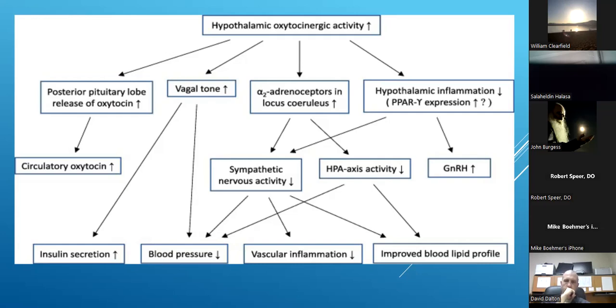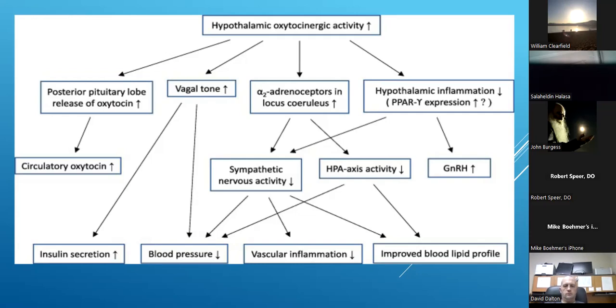And oxytocin has positive feedback. Before, in a lecture that they heard about oxytocin, they had some concern that oxytocin had a negative feedback over your endogenous oxytocin. That's not the case. The beauty of this is that oxytocin does have a positive effect.